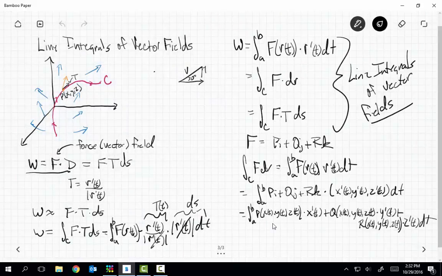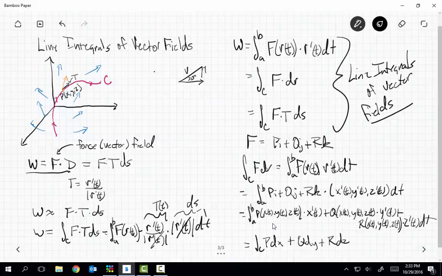What I end up with is the line integral over C of P dx plus Q dy plus R dz. The integral of a sum is the sum of the integrals. So now we can bust it up, okay? Now, you may be going, wait, what just happened, Ripley? I don't understand. Well, no, don't freak out.